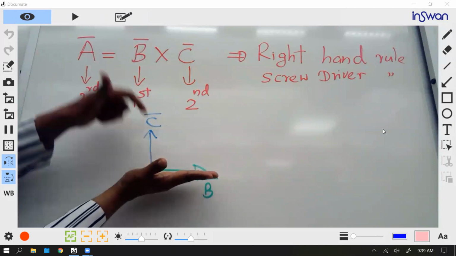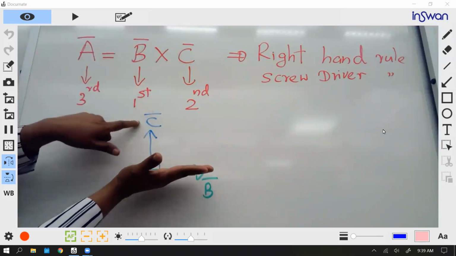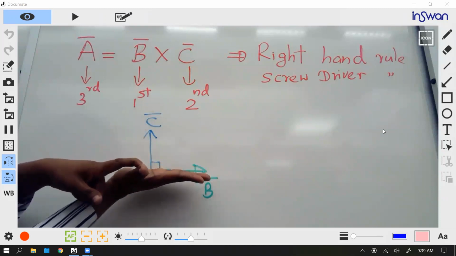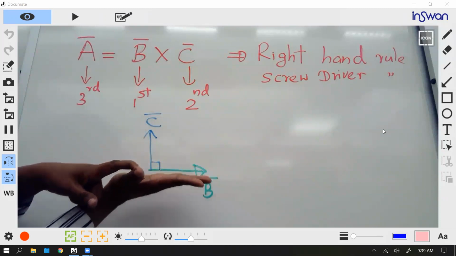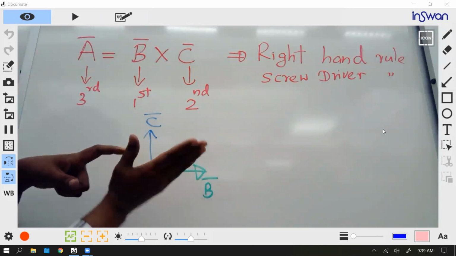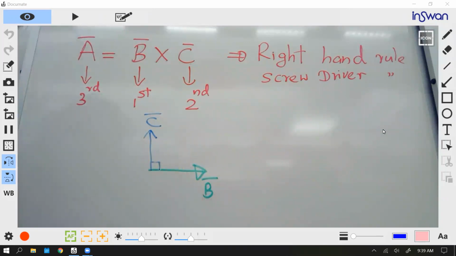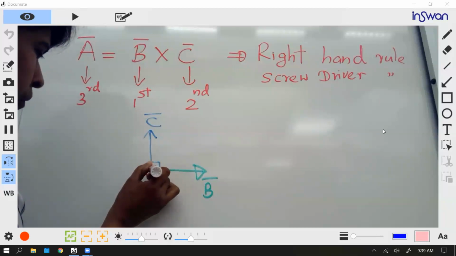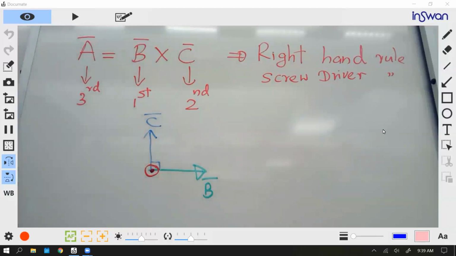My pointing out vector from the palm will be the direction of C. Then my thumb will be pointing outward from the board. So that will be the direction of your vector A. So pointing out, we always use the symbol circle with the dot. Okay, that's how you do the right hand rule, the screwdriver rule.